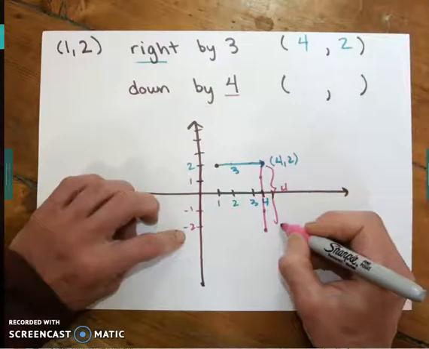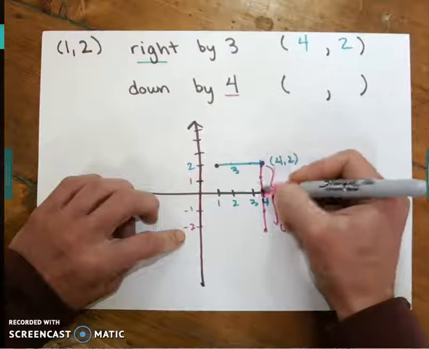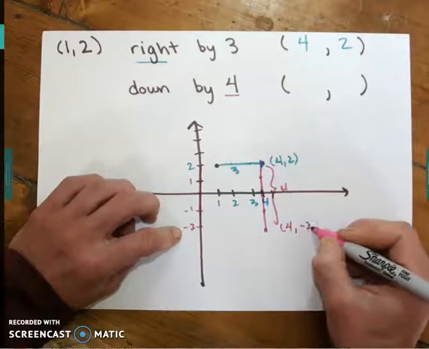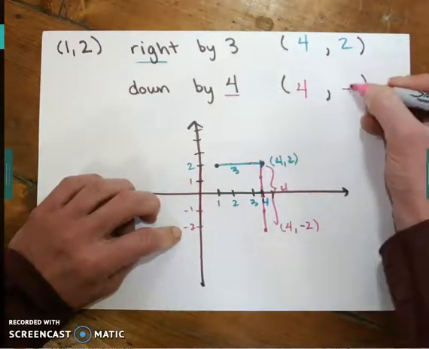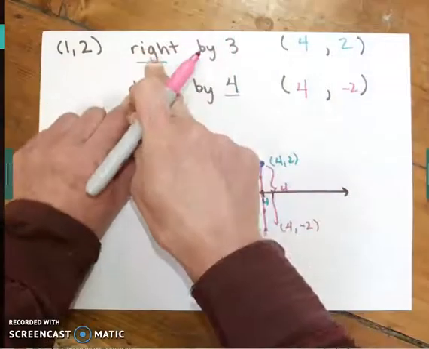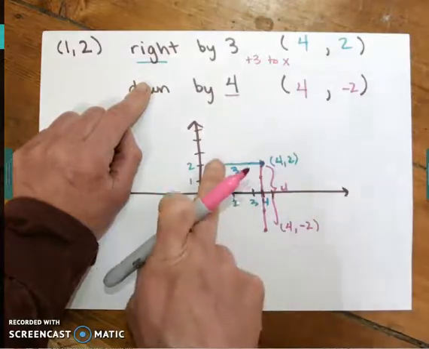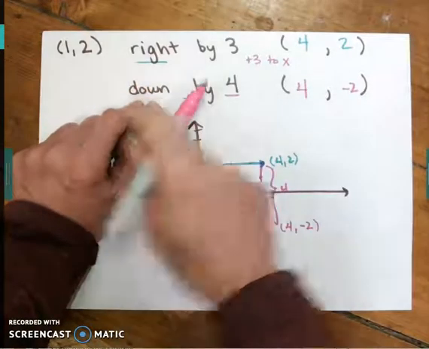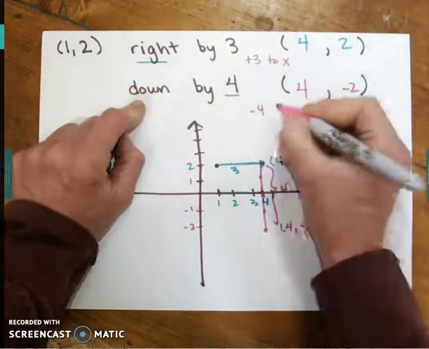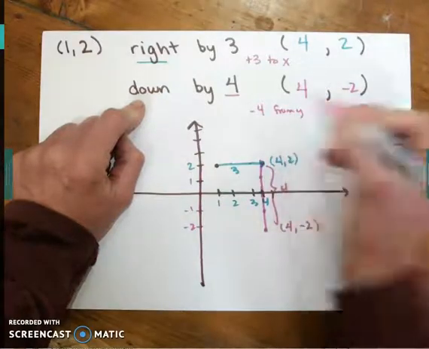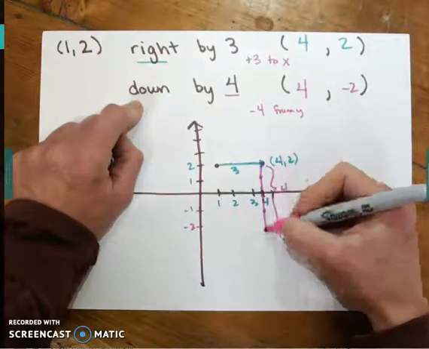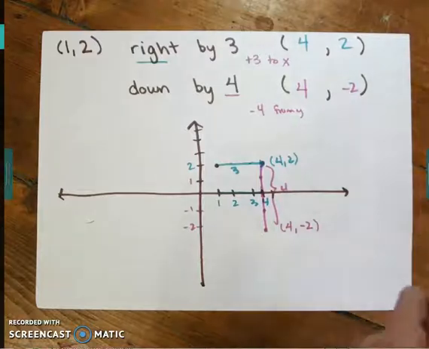So my new coordinates are 4, because I'm still at 4 along the x, and negative 2. Now you might notice that when I go to the right, I'm adding 3 to x, because I'm walking that way. And when I go down, I'm subtracting 4 from y.